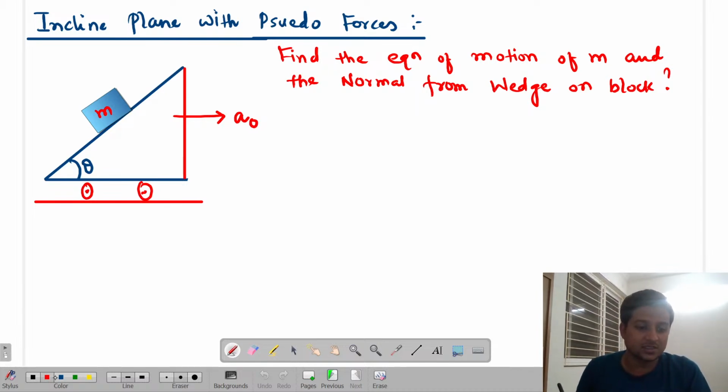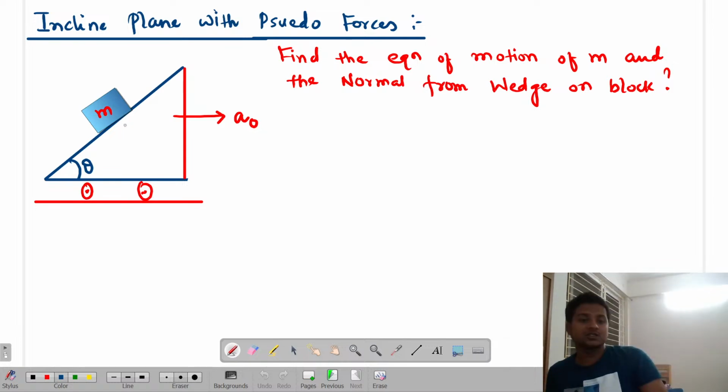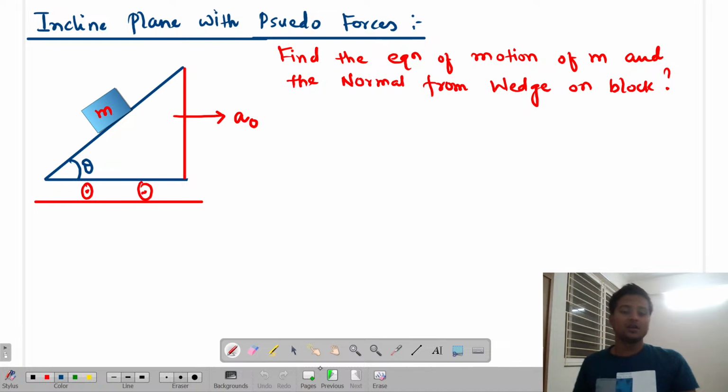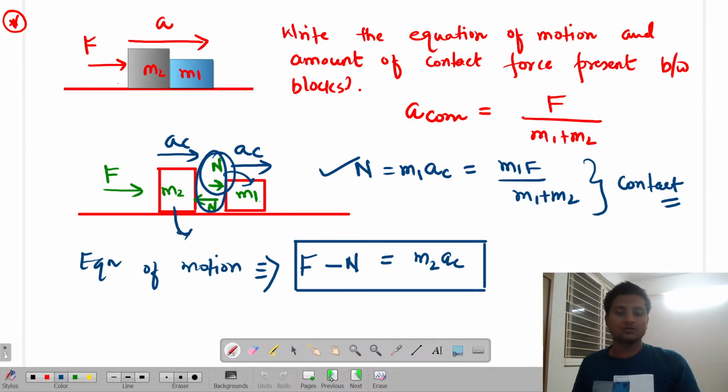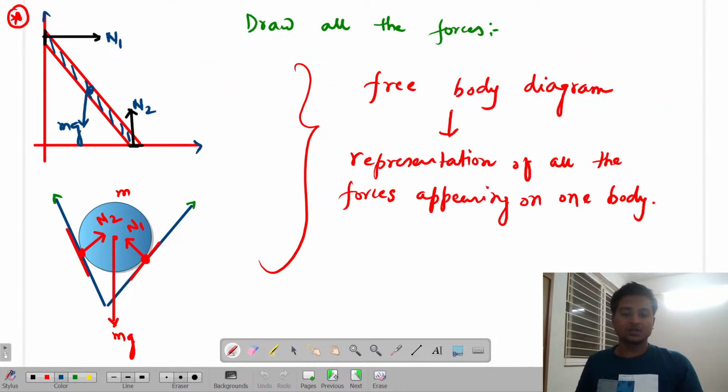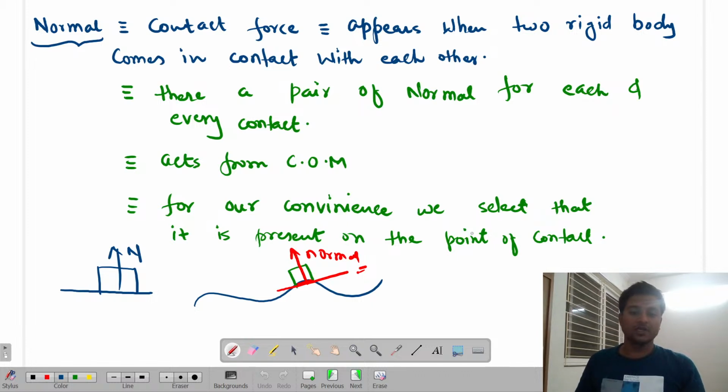The answer is correct, because every force acts from the center of mass, so we have to consider the application of force from the center. But I told you that we are just taking it for our convenience, so we select that it is present at the point of contact.